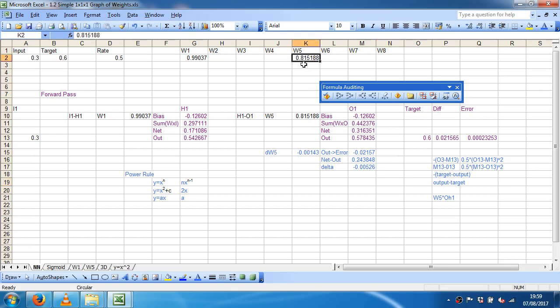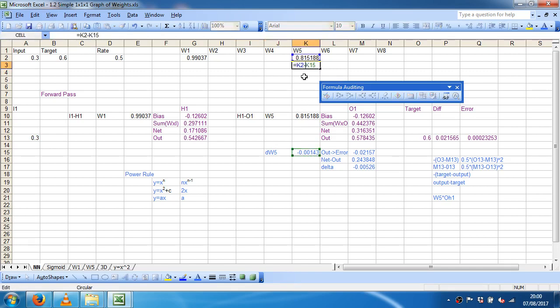So what I can do now is adjust weight 5 by saying I want a new value which is equal to weight 5 plus the change that I want. Sorry, minus. Remember, you've got to take it and subtract it. That was the whole point.